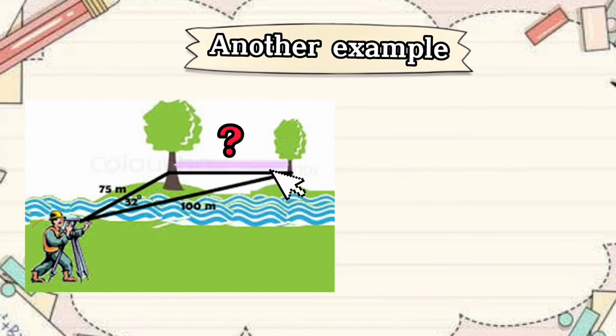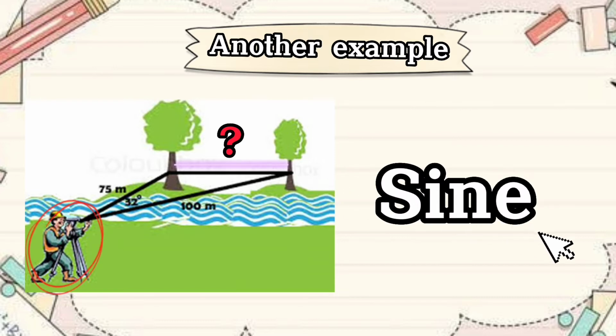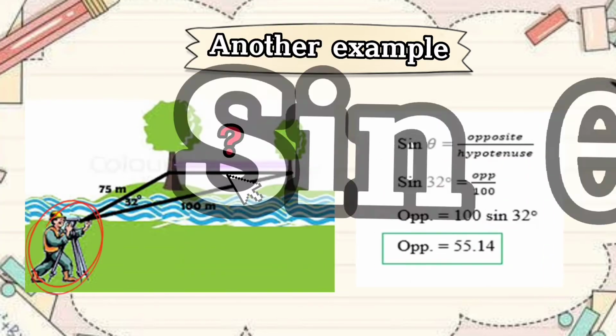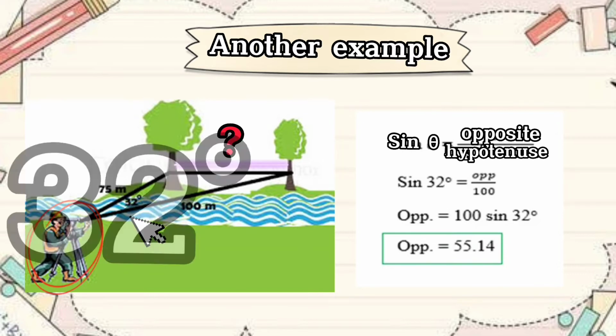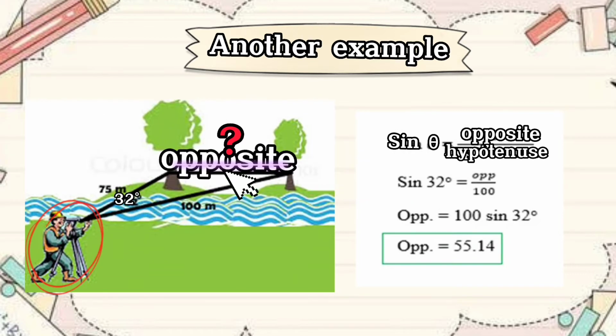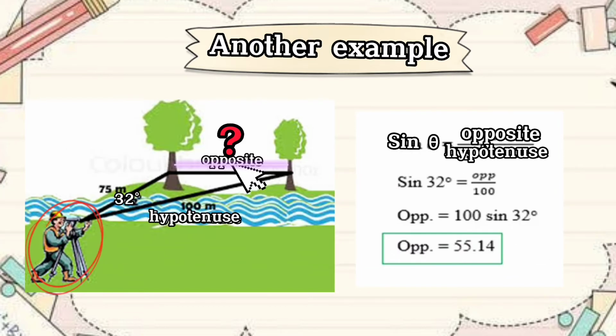So, we can use the sine formula to get this side. So, sine theta is equal to opposite over hypotenuse, right? So, yung theta natin dito is 32 degrees. At yung opposite natin is yun yung hinahanap natin. And yung hypotenuse is equal to 100 meters.